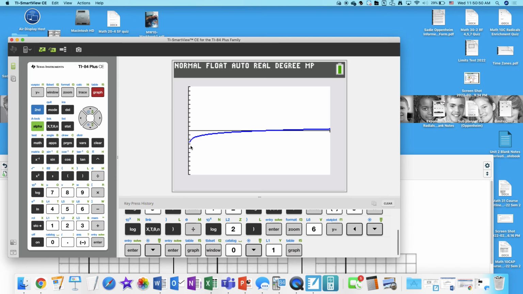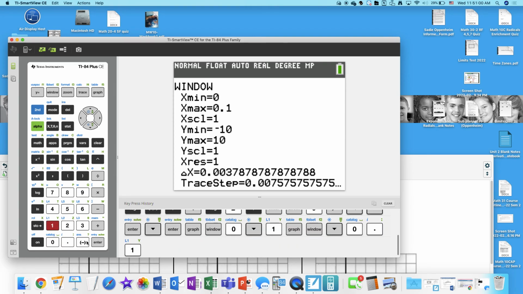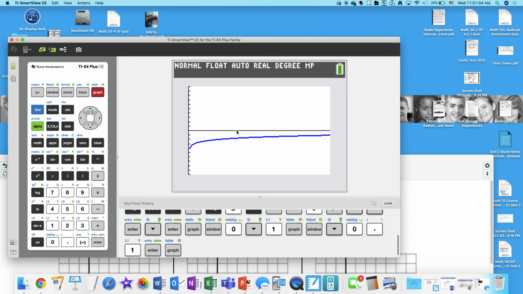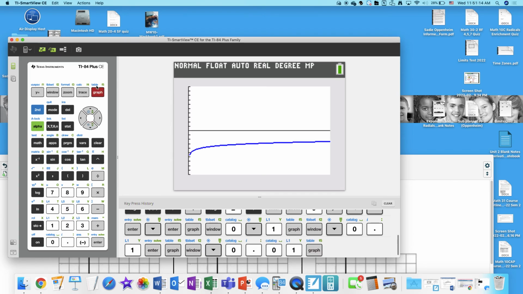Instead of the max being 1, I'm going to make the max 0.1. And you can see it's going down even further. And if I do that again, 0.01, you guys don't need to do this along with me. It keeps going down. This little end looks like an endpoint, but it keeps going down further and further.